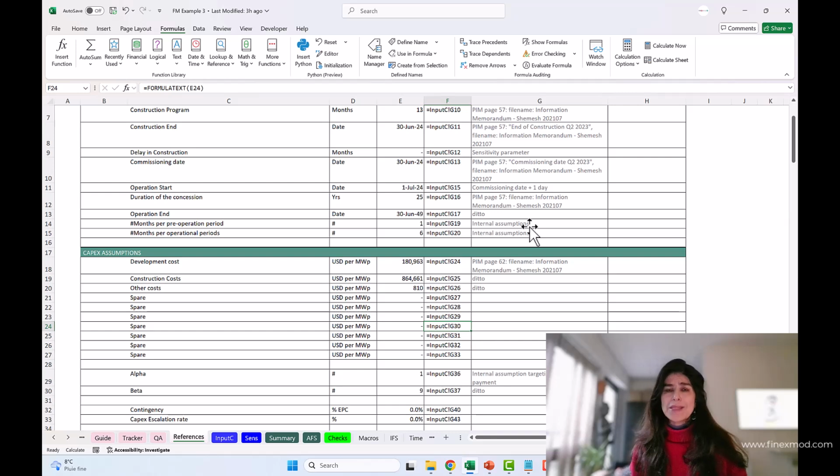And I would recommend setting it up at the very early stage. Don't wait for the later stage. Even if at the early stage most of the assumptions are basically your own internal assumptions, or you did a web search or based it on benchmarking, just put it there. If you got something from an email from someone, put the name of that person. Don't take the responsibility.